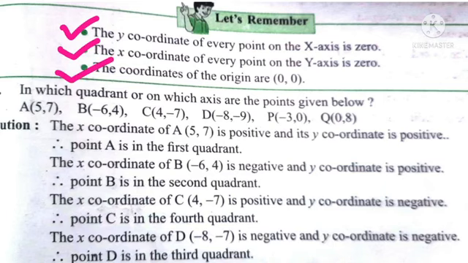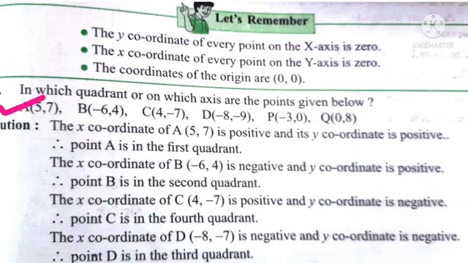And the coordinates of the origin are (0, 0). Now here you have been given one question. You write in which quadrant or on which axis the point lies. See, in which quadrant or on which axis the following points lie. The first point is A (5, 7).